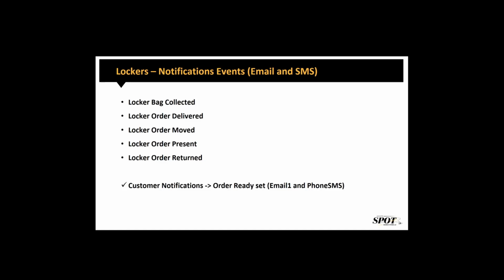Number 3 is in case we need to move the order to a different one, we want to let the customer know that we did that, right? Because we want to give them heads up that it's in a different locker now. Locker order present is us reminding the customer that they need to come pick up the garments at the locker specified. And then locker order return is a notification saying, hey, we had to bring your stuff back to the store. Call us at this number to make pickup arrangements.